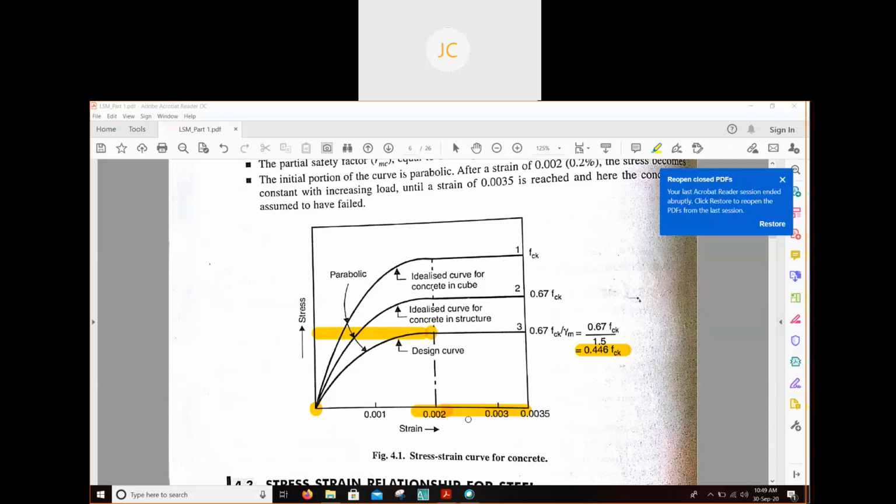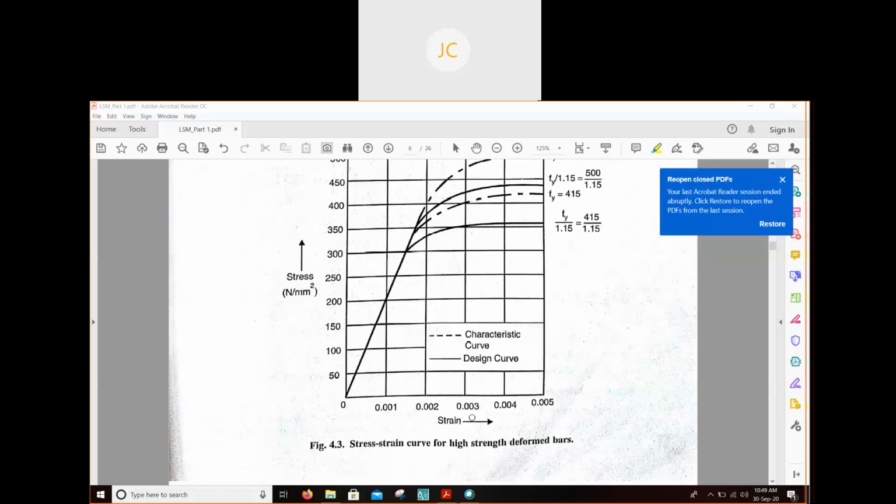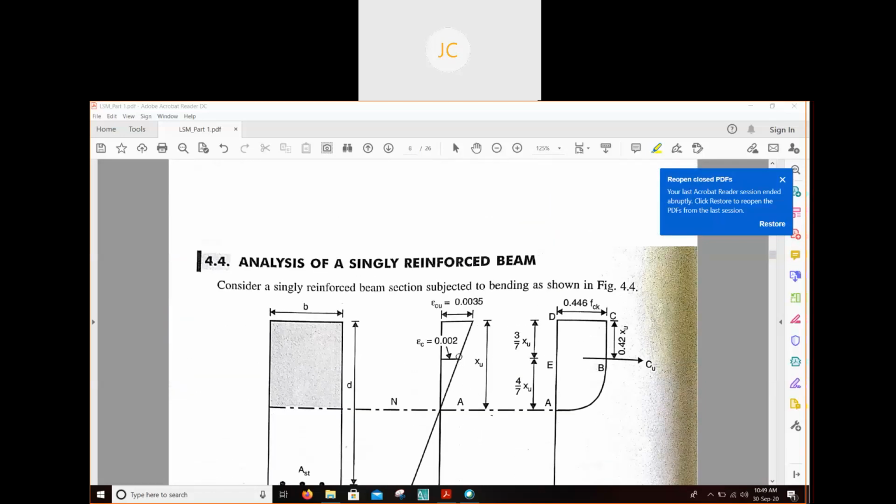Here in this diagram you can see the strain diagram. At this point it is 0.002, and up to this point is our parabolic portion. Beyond this point our stress is constant, a straight line, but our strain is continuously increasing.